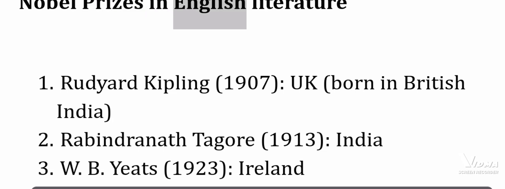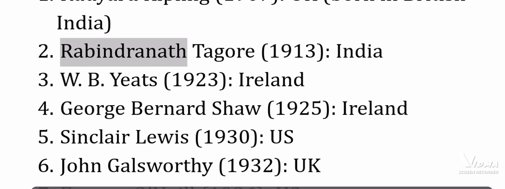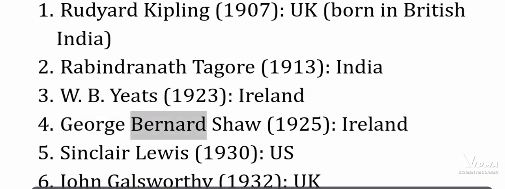Nobel Prizes in English Literature. Rudyard Kipling, 1907, UK, born in British India. Rabindranath Tagore, 1913, India. W.B. Yeats, 1923, Ireland. George Bernard Shaw, 1925, Ireland.